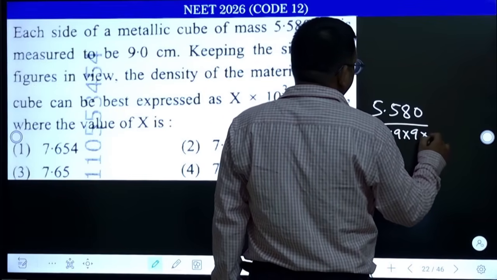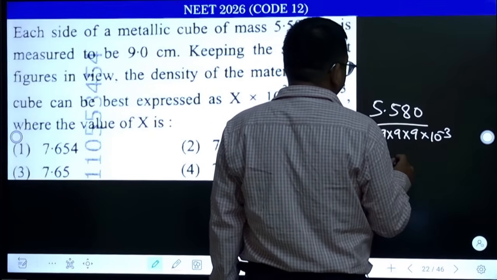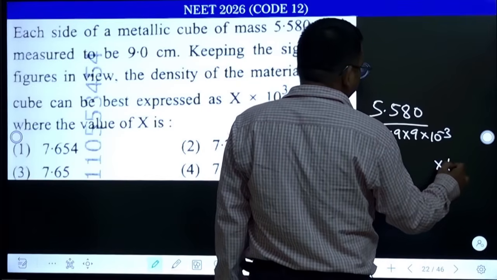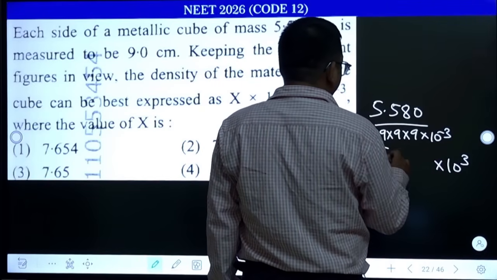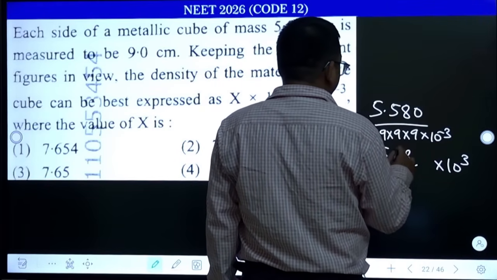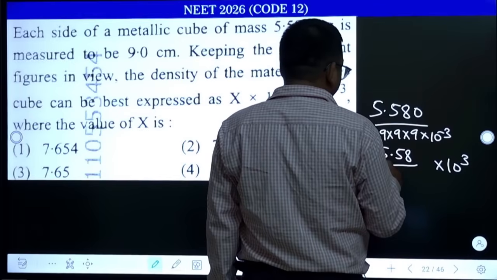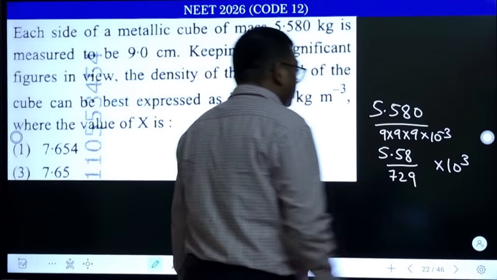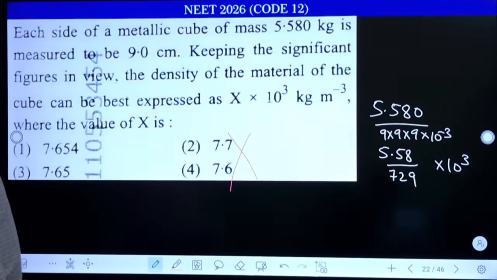And here 10 to the power minus 3 will come. Correct. That will become 10 to the power 3. So 5.58 by 9981, 729. Correct.